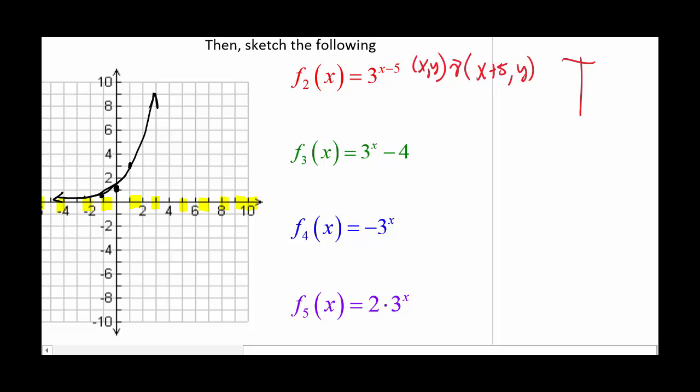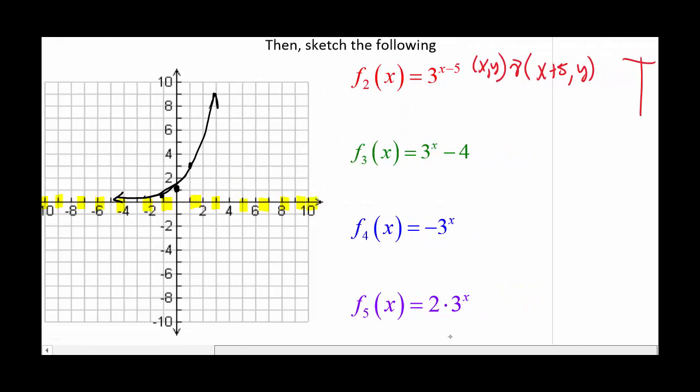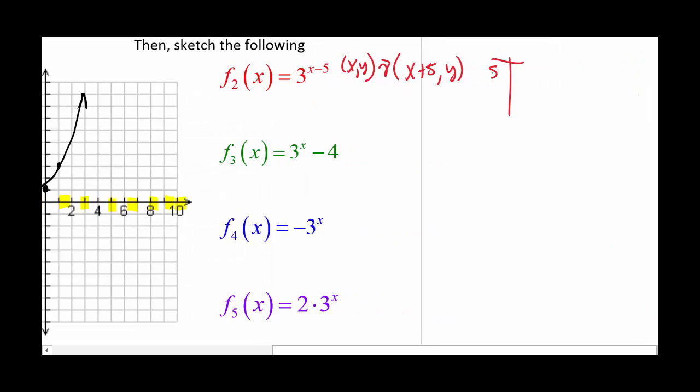Okay, so if I take, for example, the negative 1, 0, and the 1, I'm adding 5 to all of those numbers. So negative 1 plus 5 is 4. So I should get 4, 0 plus 5 is 5, 1 plus 5 is 6, and the y values are the exact same numbers.